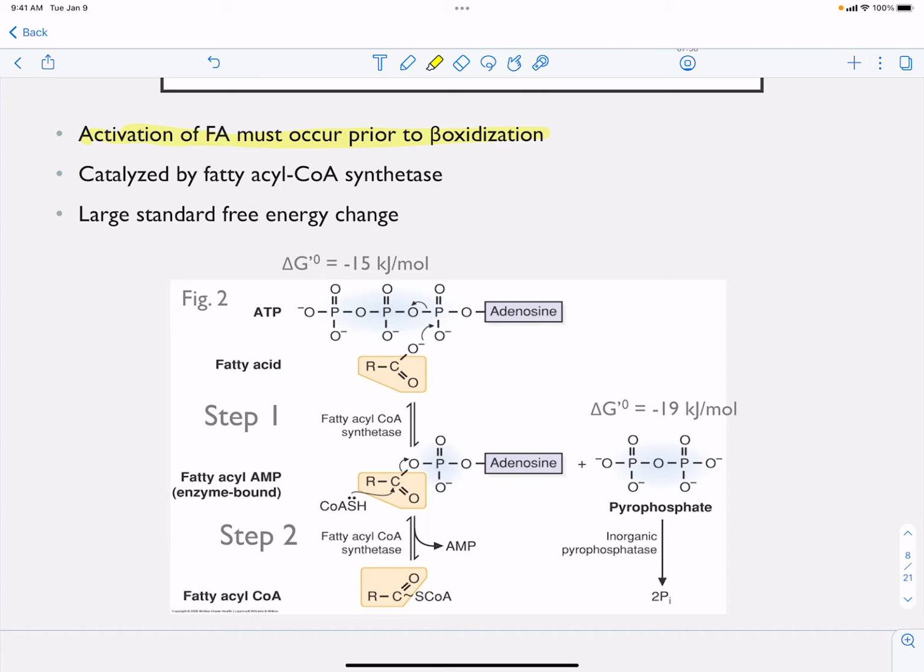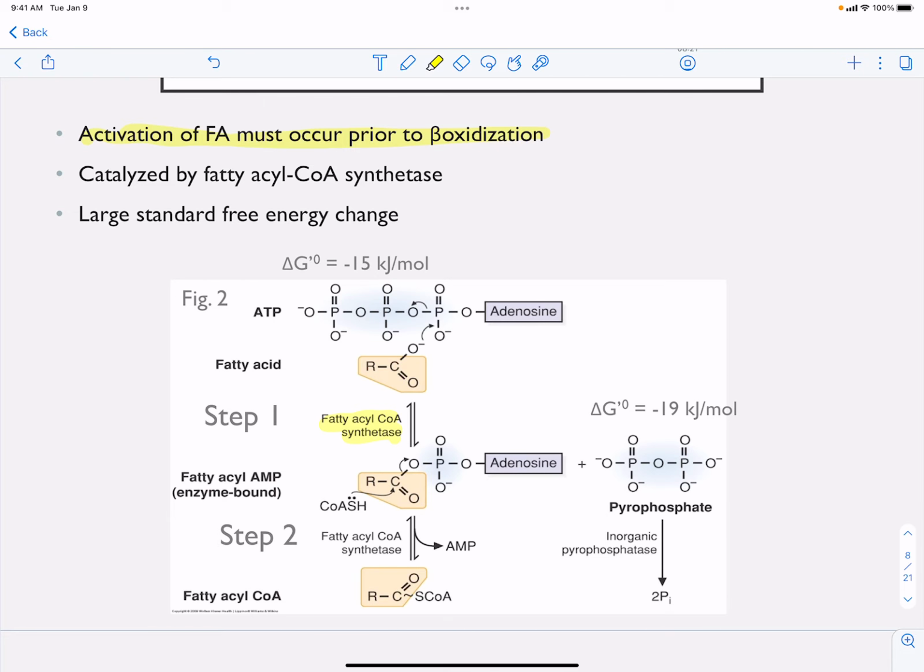Now, the activation is going to be catalyzed by a fatty acyl-CoA synthetase. And this, of course, is again going to depend on the size of the fatty acid. The fatty acid will come in, and the synthetase is going to add a phosphate group to it.